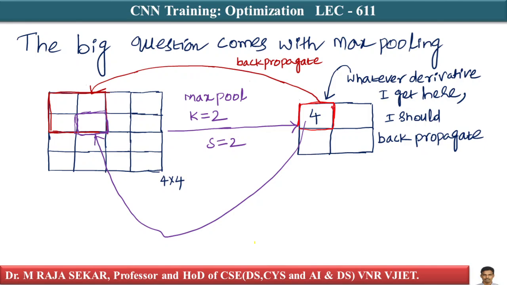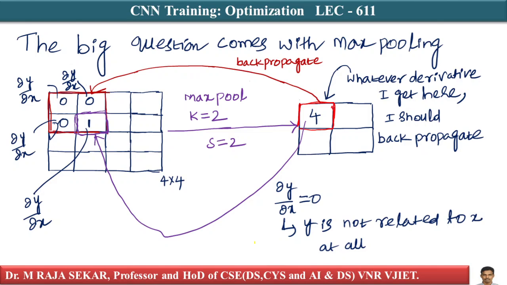When the derivative of y with respect to x equals 0, what does it mean? It means that your y is not related to x at all, because as x changes, y does not change.